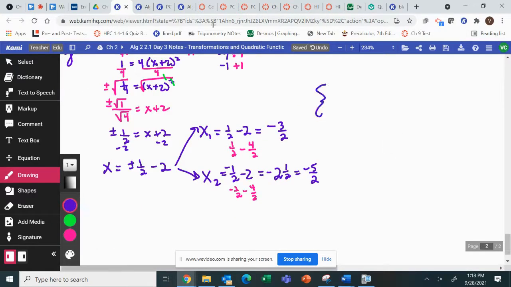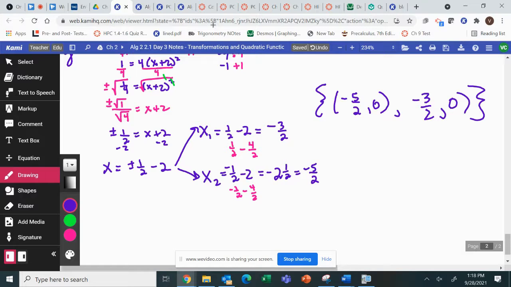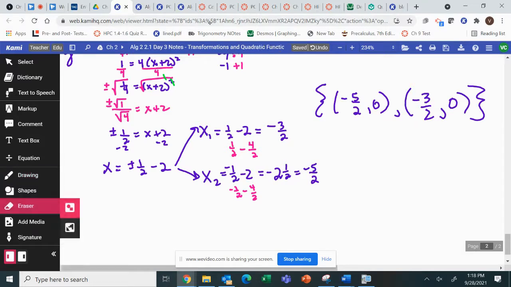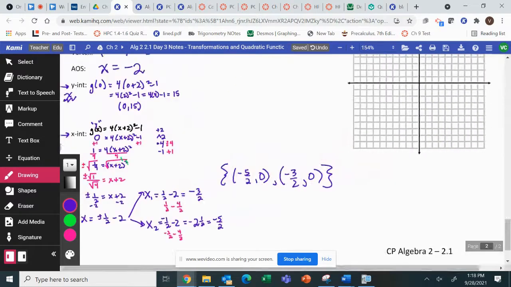I'm going to put them in order from least to greatest. So negative 5 halves, comma 0, and then negative 3 halves, comma 0. And then finally, we can go to our graph and plot all this information.